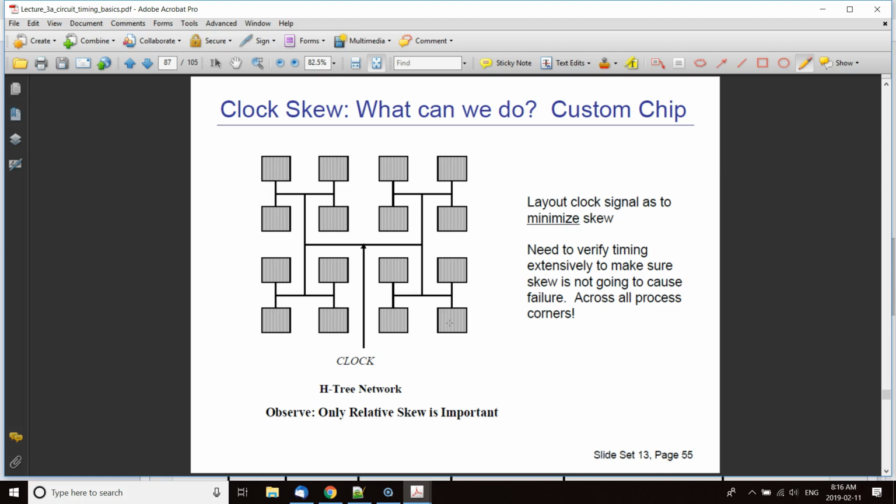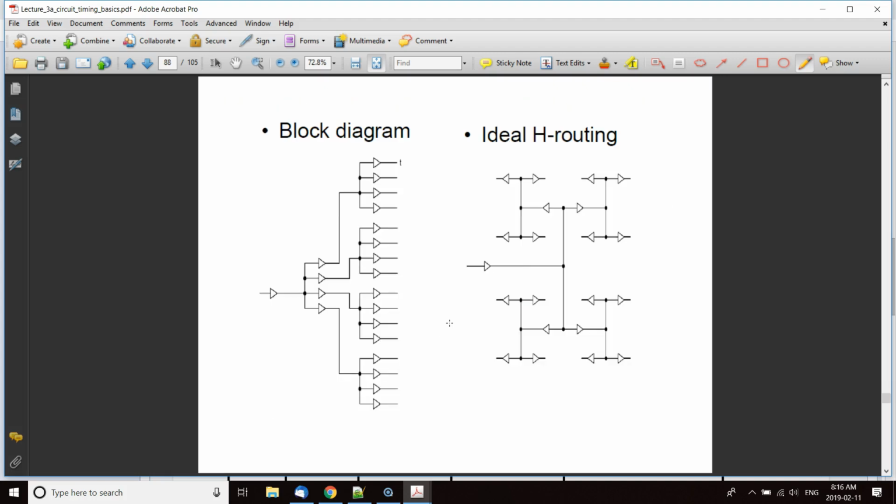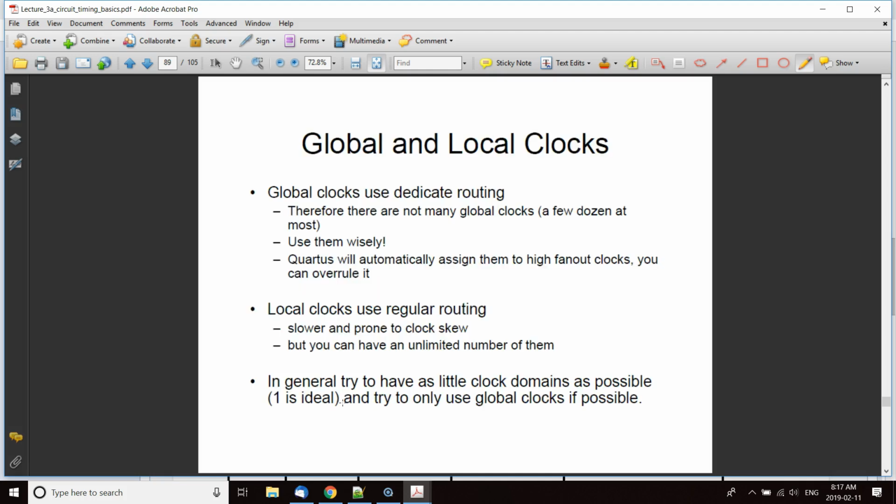But that's only if we have control over the routing, which would mean that we're making our own chip. So in an FPGA, we wouldn't have this control. So you can see, schematically, what's going on there, there is the same amount of delay. In this case, 3 routing sections to each flip-flop, right? So that would be great if we could do it.